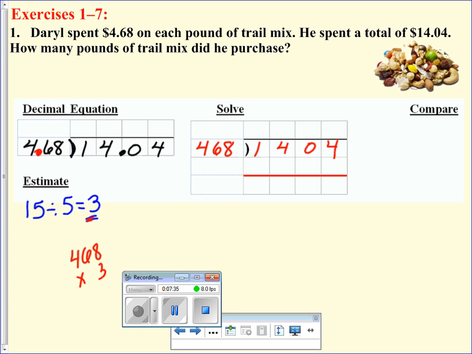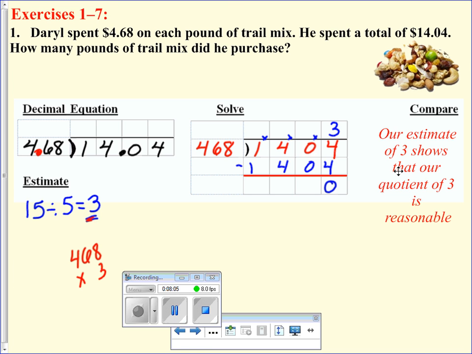Alright, so 468 does not go into 1, does not go into 14, does not go into 140, but it goes in 3 times. And that worked out nice and evenly. There's no remainder. I don't have to add the decimal and the 0 and keep going. But now we want to compare. We want to make sure that our answer is reasonable.